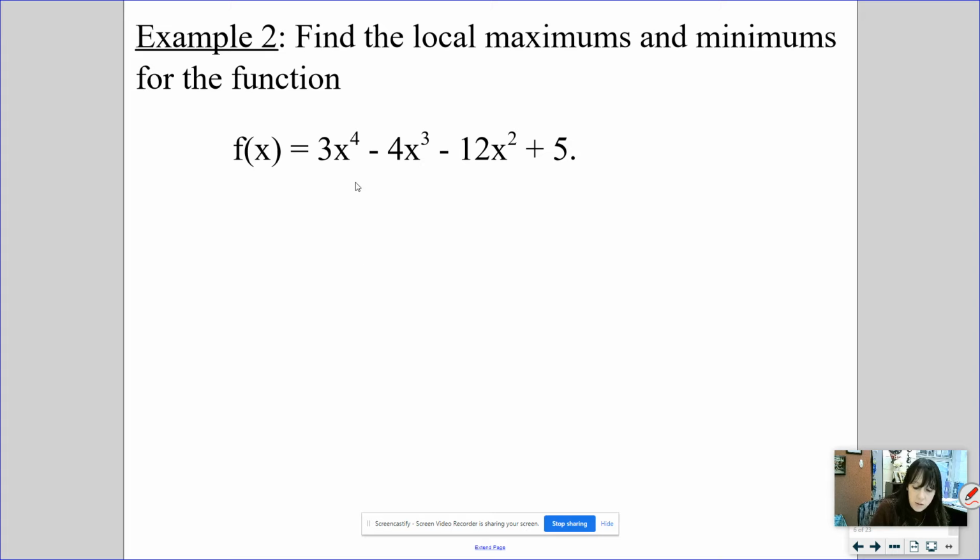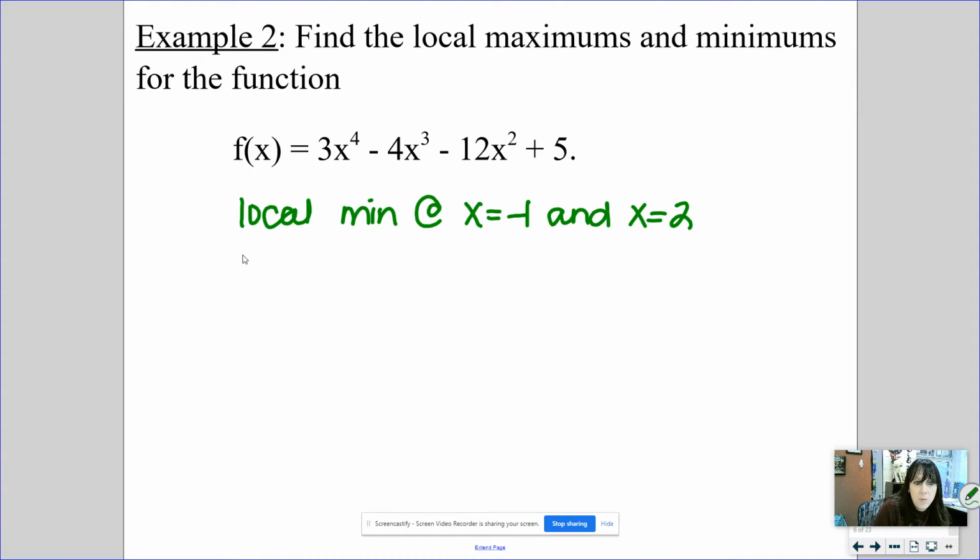So you have a local min at x equals -1 and x equals 2. And this is all from example 1, the one we just did. You have a local max that occurs at x is equal to 0. Okay?